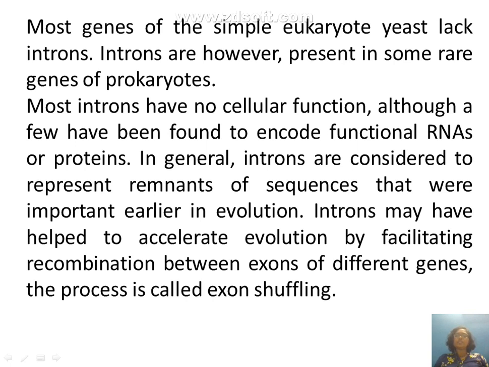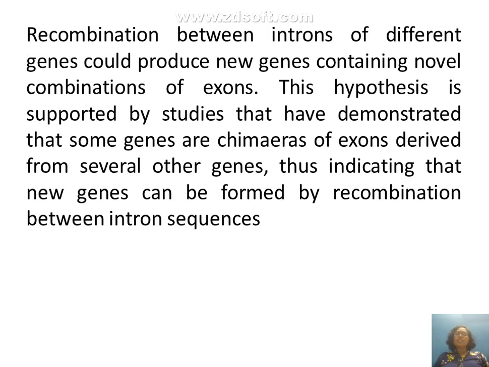These introns are considered to have helped accelerate evolution by facilitating recombination between the exons of different genes, and therefore this process is also called exon shuffling. Recombination between introns of different genes could produce new genes containing novel combinations of exons, because when they undergo recombination you will observe a totally new exon, and this helps in evolution.